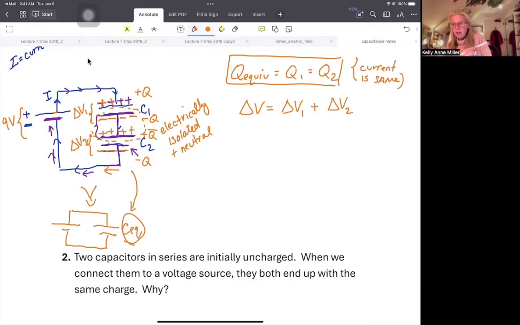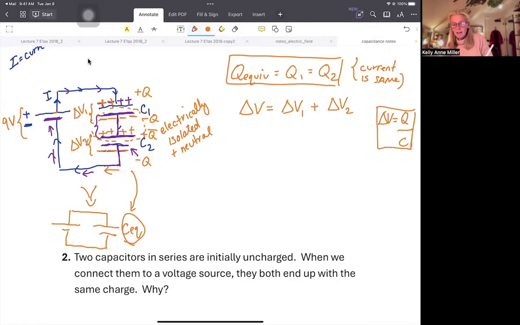Now, I know that the potential difference is just equal to the charge divided by the capacitance. That's basically the definition of capacitance just rearranged.